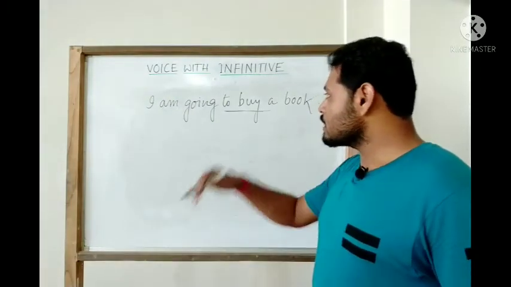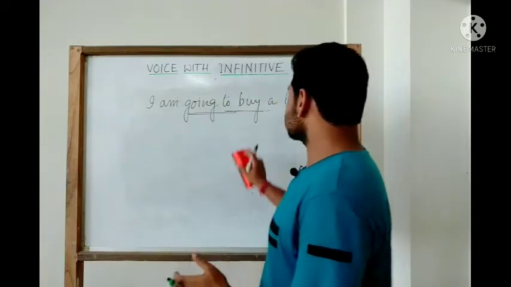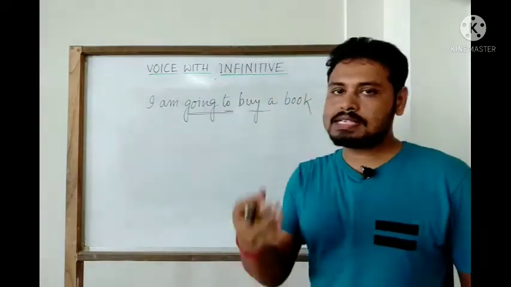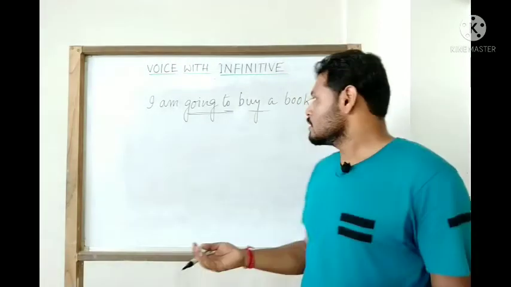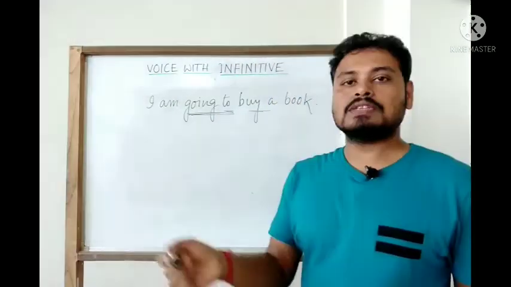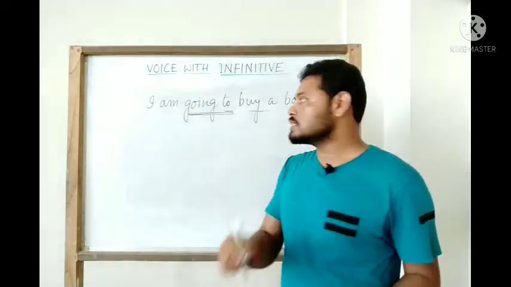But I am rephrasing it like I am taking this going to. So if I say this one is voice with going to, you can say it voice with infinitive also, there is no problem. But I am rephrasing it as voice with going to. So first let us change this, then we will discuss.